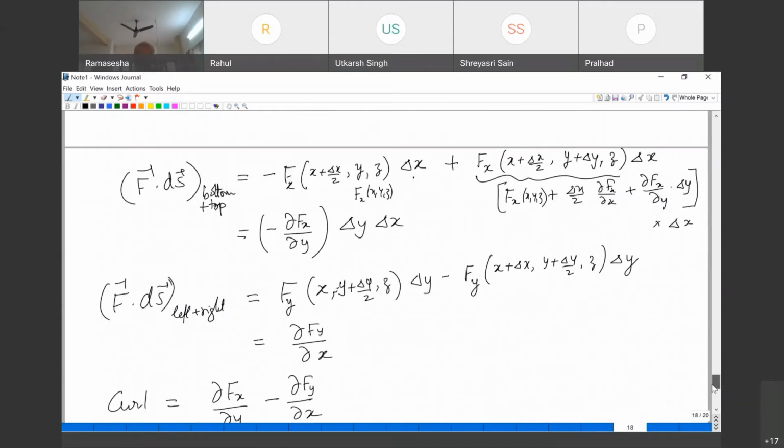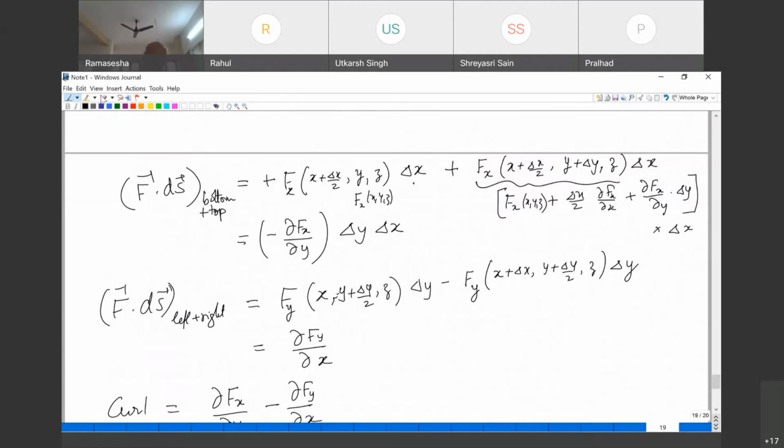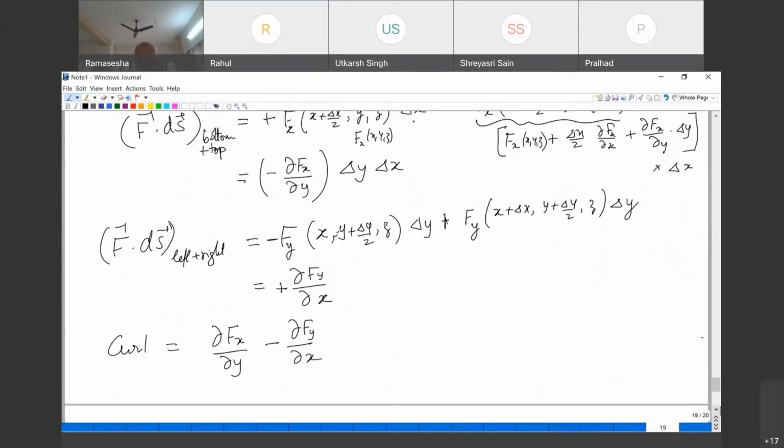So what have I done? So earlier I was correct. Here I have made a mistake. So the quantity delta fy by delta x, delta fx by delta y, and this is curl along the z axis.